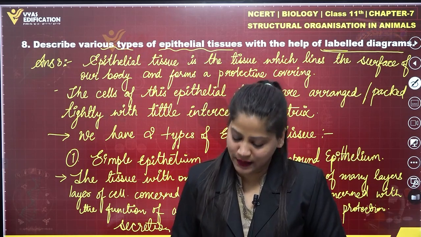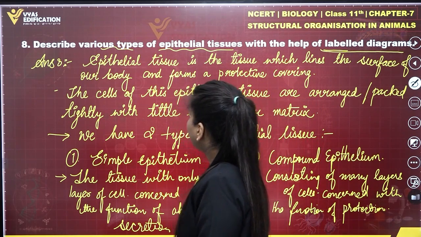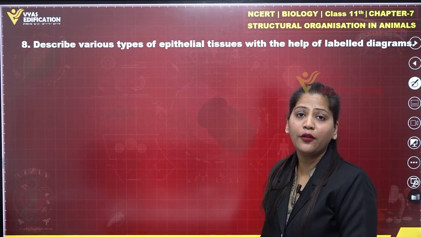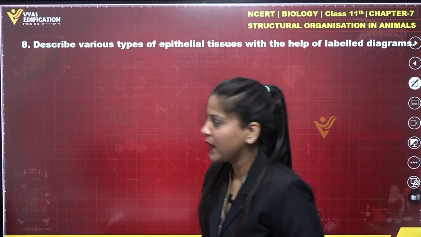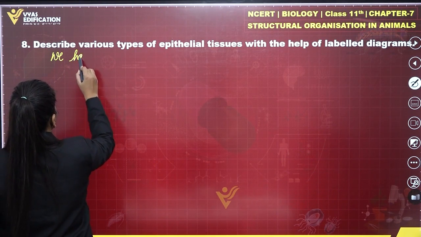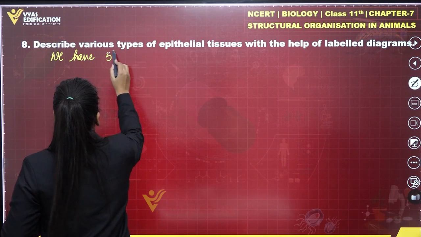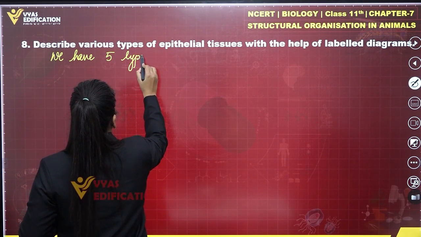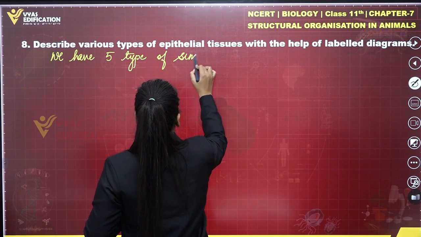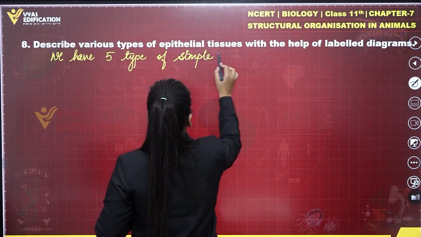Now on the next slide we are going to write various types of simple epithelial tissues or simple epithelium, right? So moving on to the next slide, we are going to write various types of simple epithelium. So we have 5 types of simple epithelium.